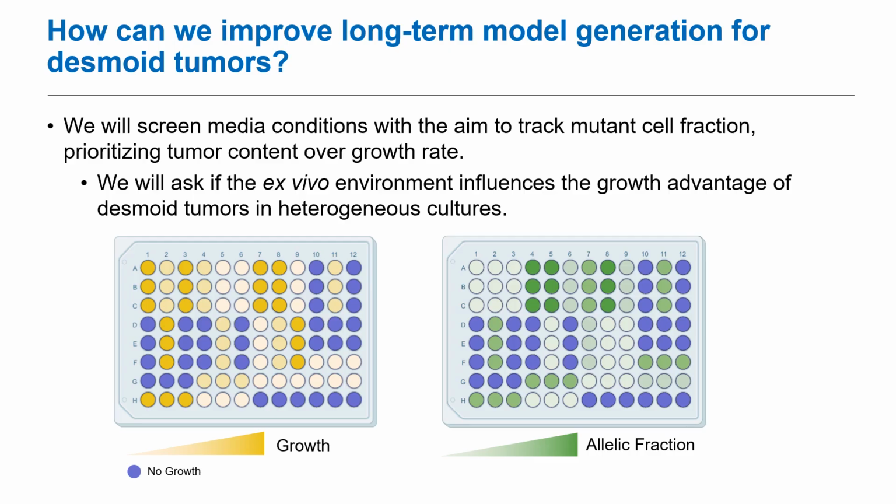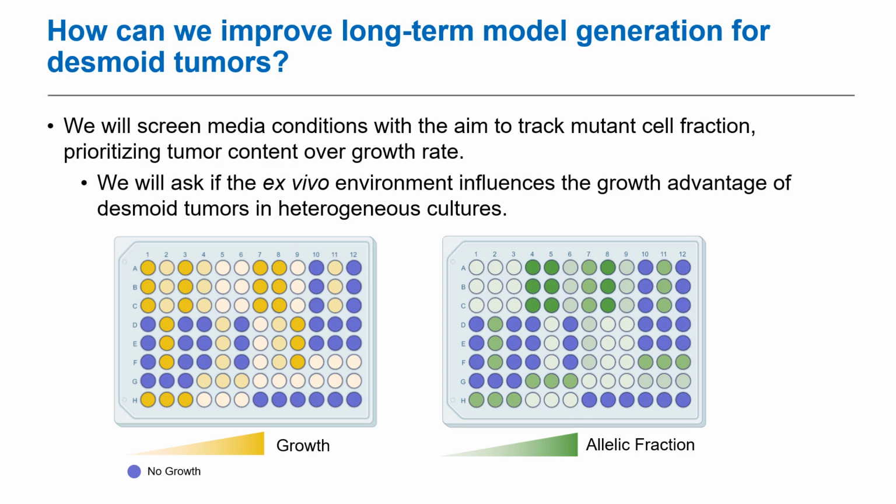So in order to meet our goal of studying the dependencies of more desmoid tumor samples, we need to improve our long-term model generation success. From the lessons we've learned from the 2 cohorts of samples just mentioned, we are currently embarking on an effort to systematically screen media conditions and track the allelic fraction as well.